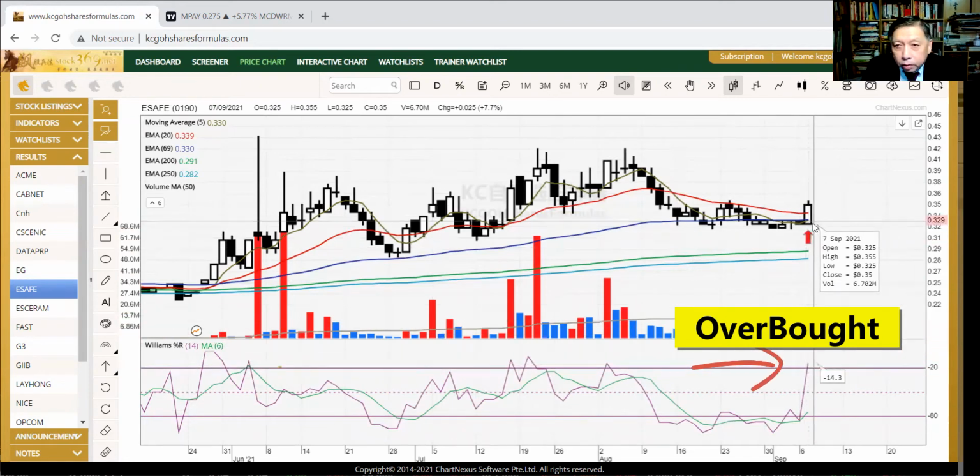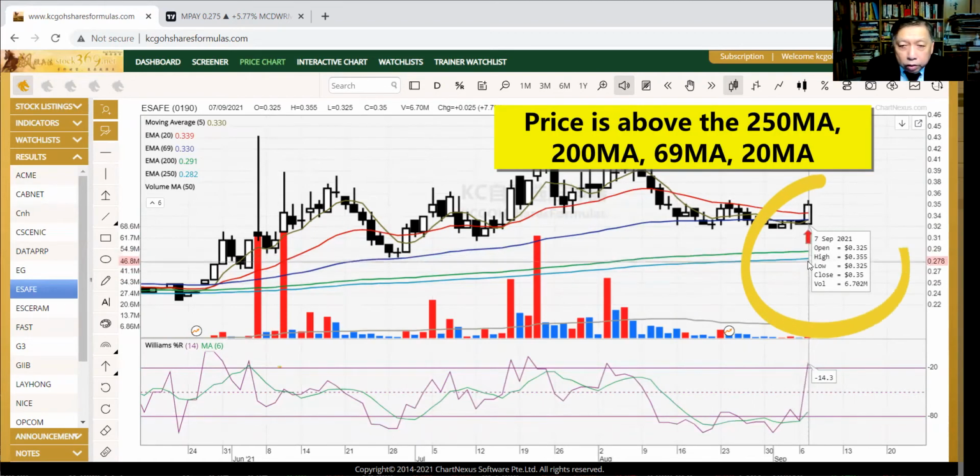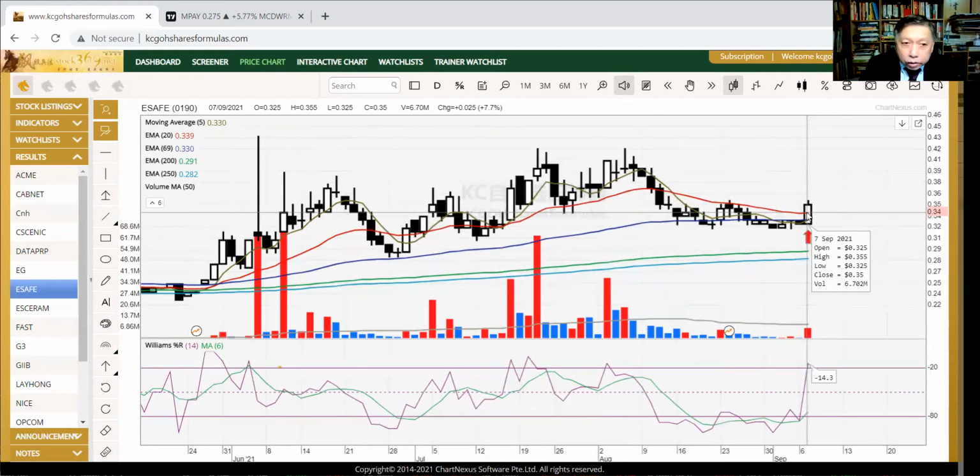Likewise, the price has gone above the 250-day moving average line, the 200-day moving average line, and also the 60-day moving average line and the 20-day moving average line. So this is another stock that you might want to look at tomorrow.